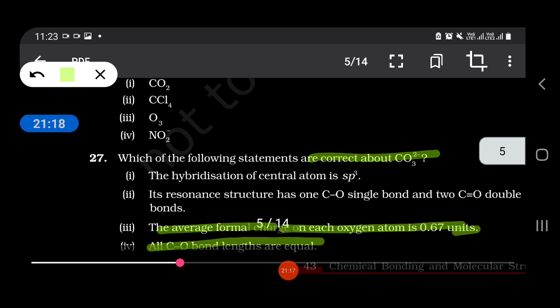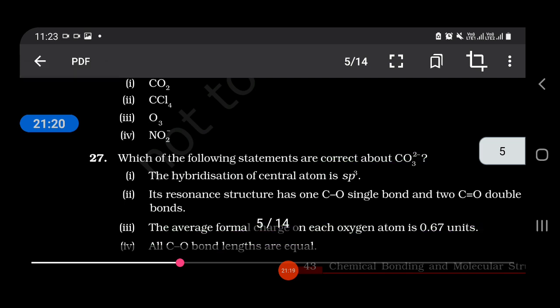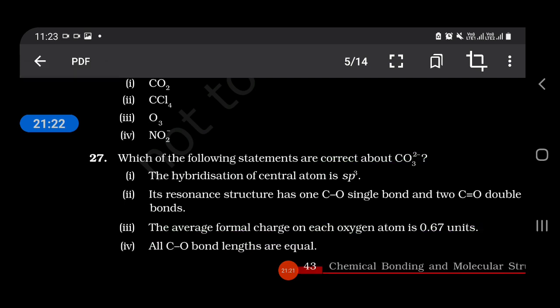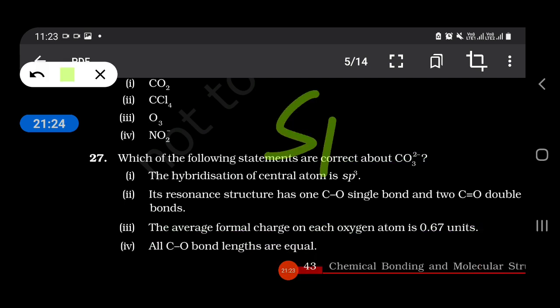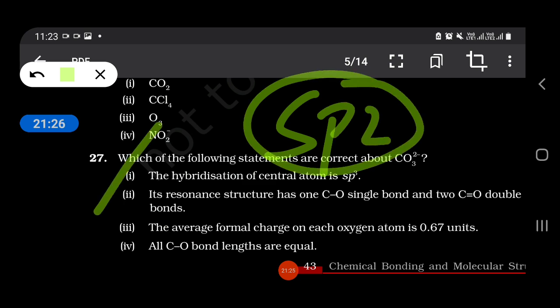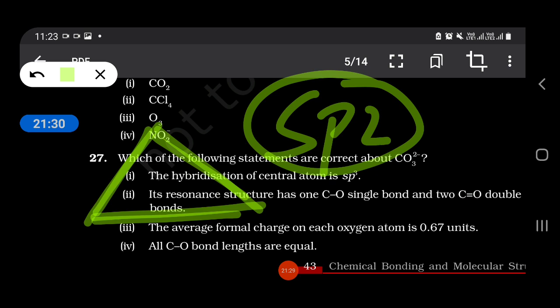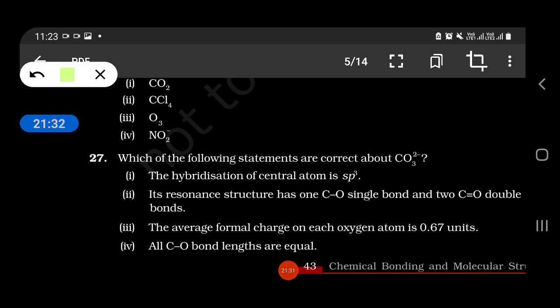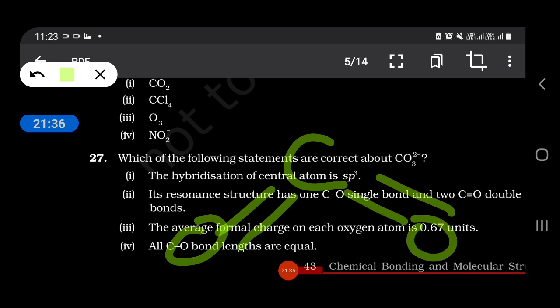All the C-O bond lengths are equal, because it is sp2 hybridization, trigonal planar, with C, double bond O, and double bond O.